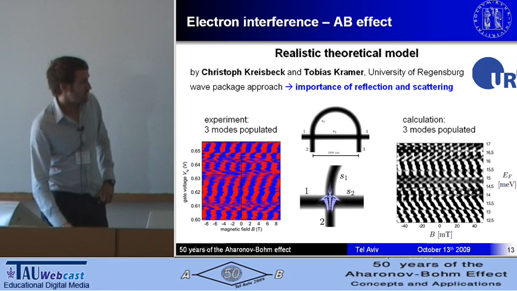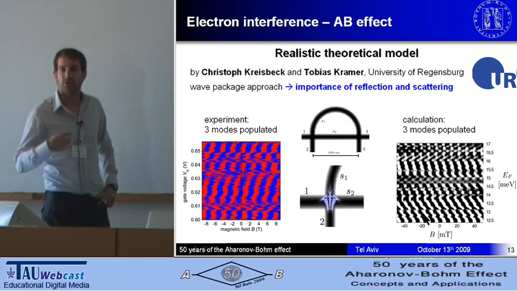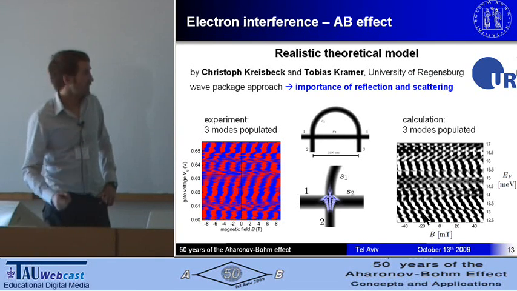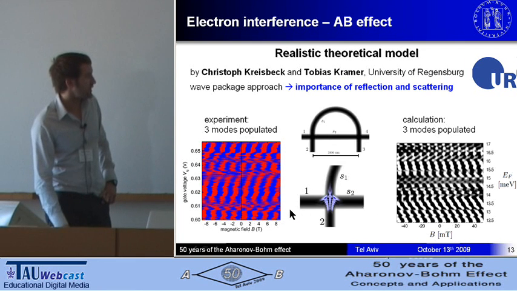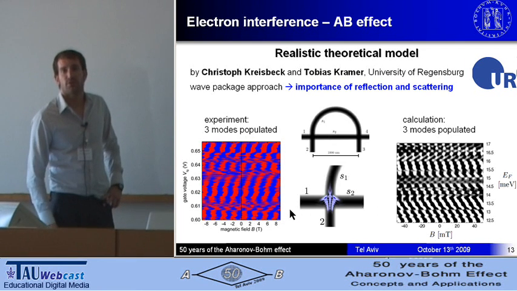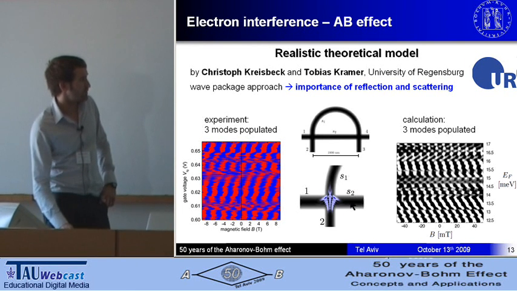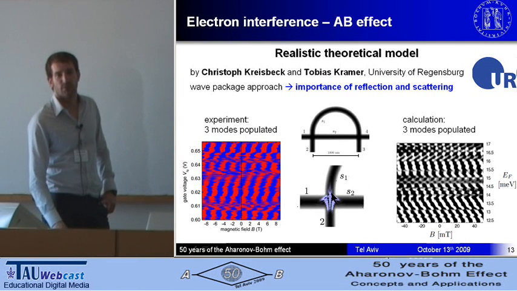Here you see their results. There are regions where the phase changes continuously, but there are also pi jumps and higher frequency components. The result resembles our results in a qualitative manner. This is why we believe that scattering in the cross junctions is of major importance in our devices.